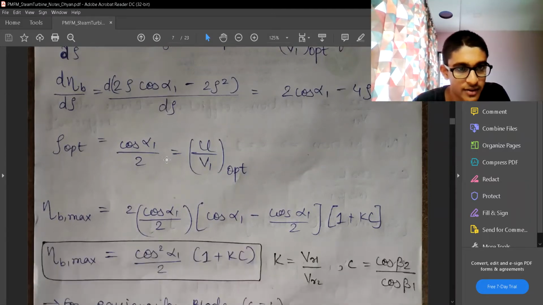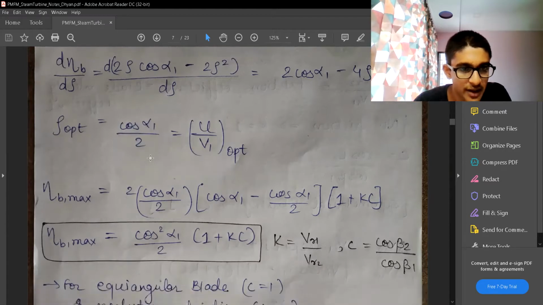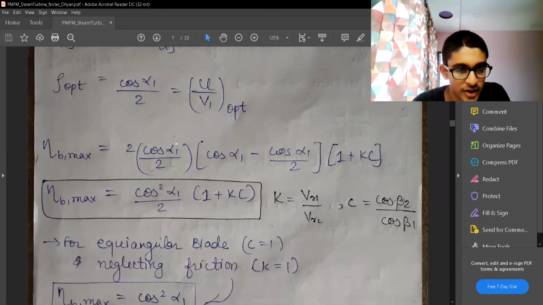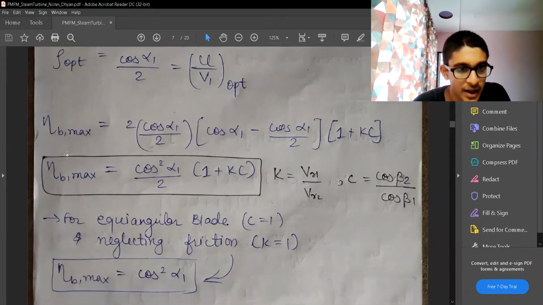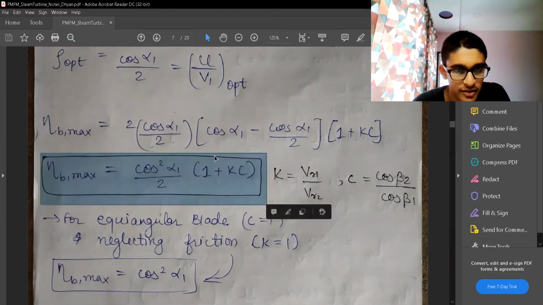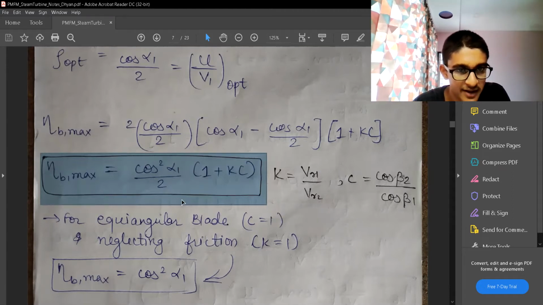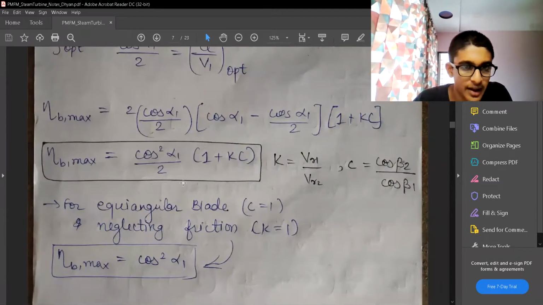After differentiating and getting rho optimum, that is u by v1 optimum, is cos alpha1 by 2. So this is an important conclusion for us. At u by v1 ratio equal to cos alpha1 by 2, we have maximum efficiency. And that maximum efficiency is calculated as this. You can just put the u by v1 ratio in the original efficiency expression and get the maximum efficiency expression.